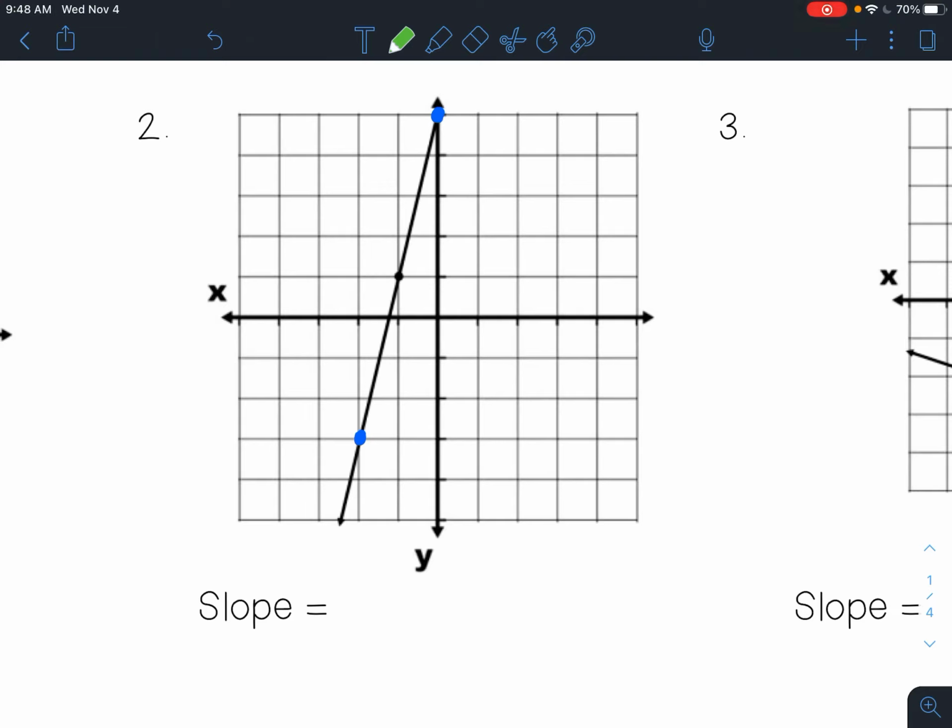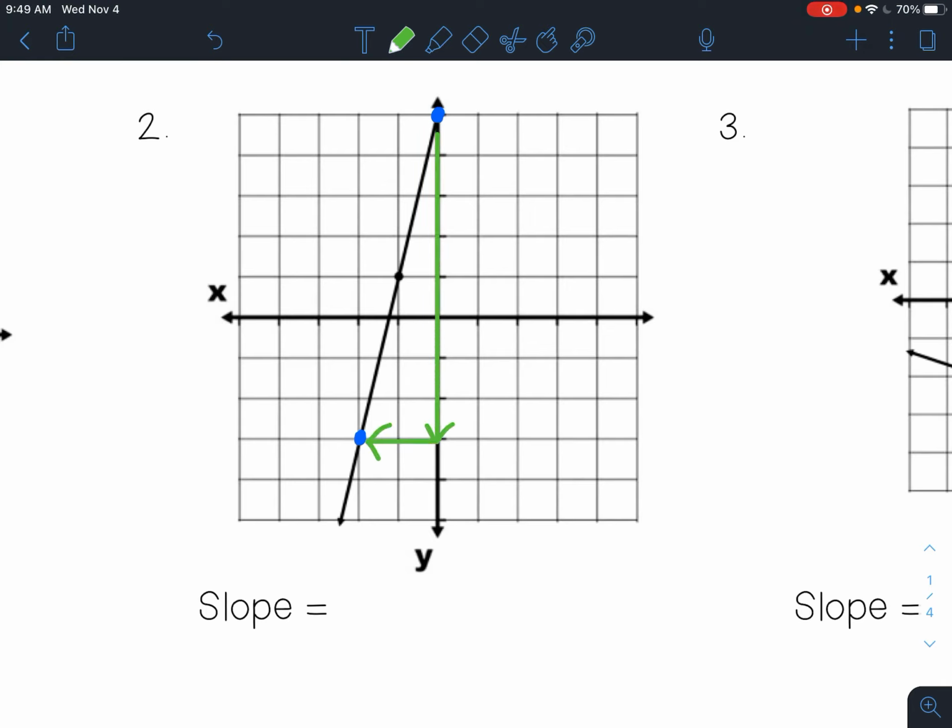If those 2 blue points that I have colored in are the ones I'm going to choose, let's say I want to start here and go to there. So now I'm moving the other direction, starting at that top right blue point and moving to the bottom left one.